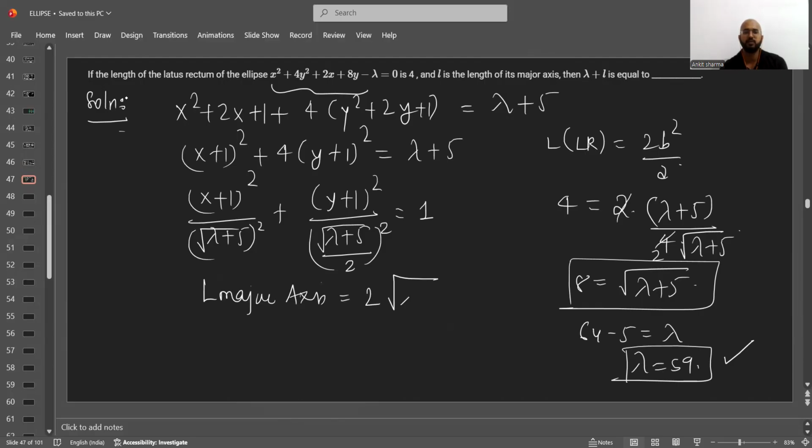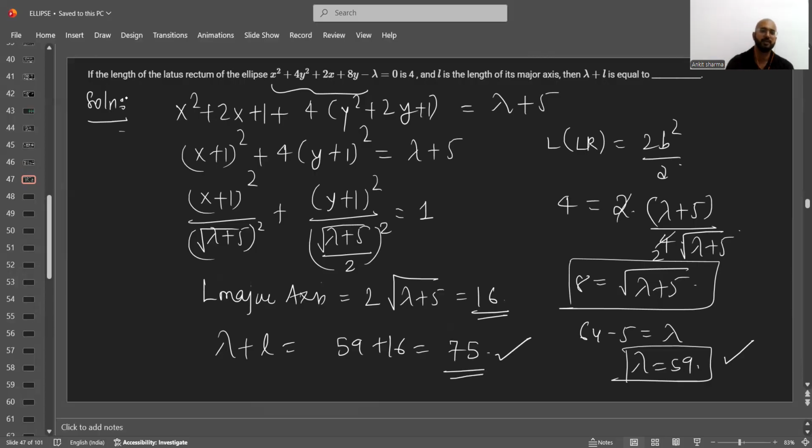So it's going to be 2 into root of lambda plus 5, which is going to be 16 basically. And then what we need is lambda plus L. So lambda plus L is equal to 59 plus the length of major axis, 16. This turns out to be 75. So the answer should be 75.